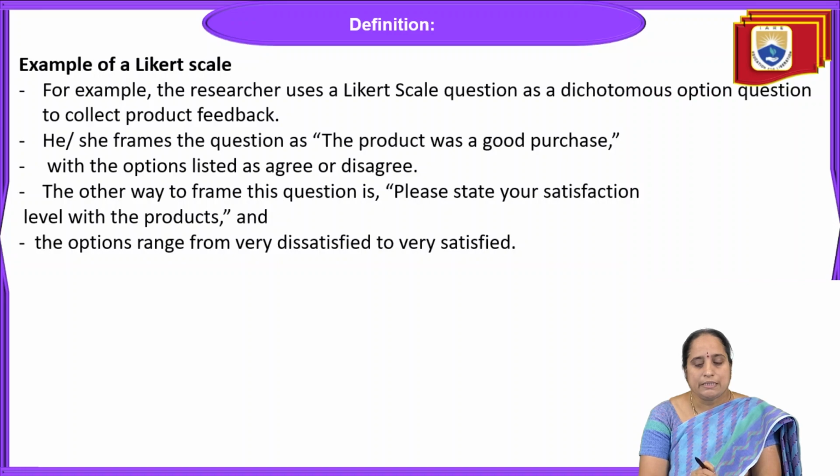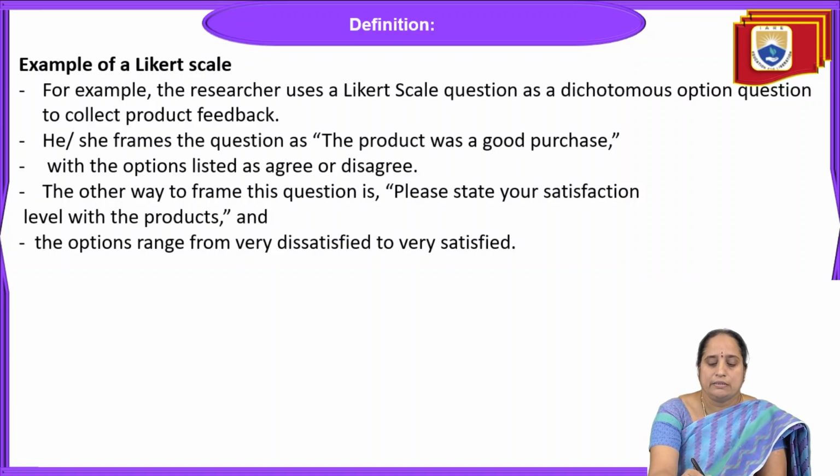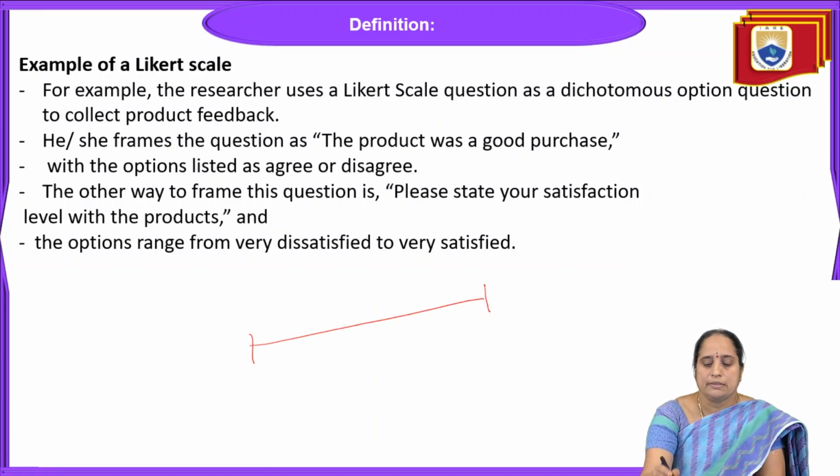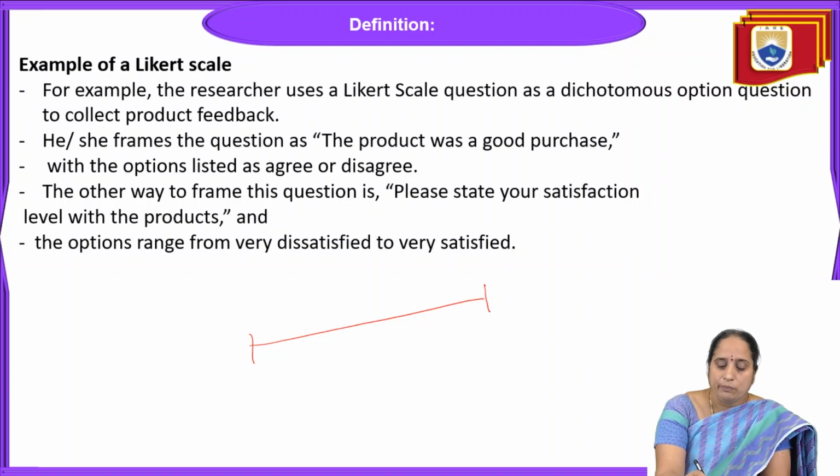Whenever we are asking about the satisfaction level, instead of dichotomous yes or no questions, we have to give the 5-point Likert scale, because satisfaction is an attribute which cannot be easily quantified. So in a 5-point Likert scale, people will have different choices.